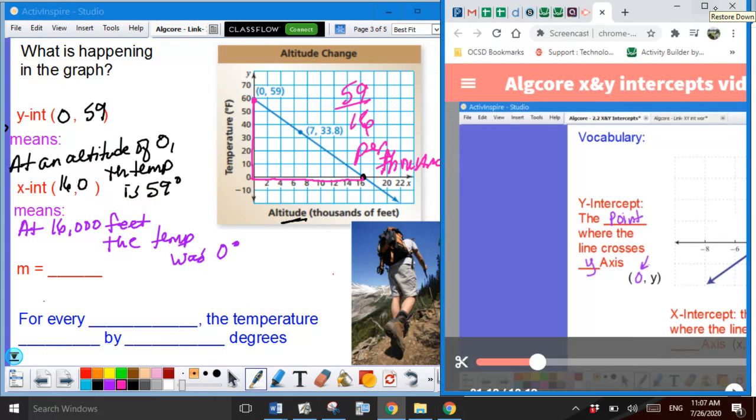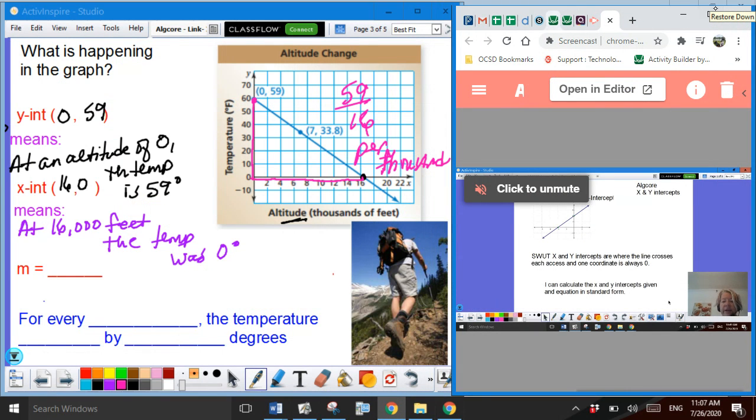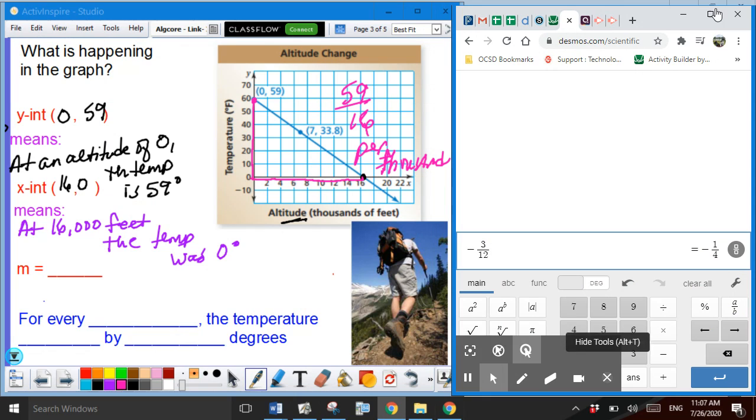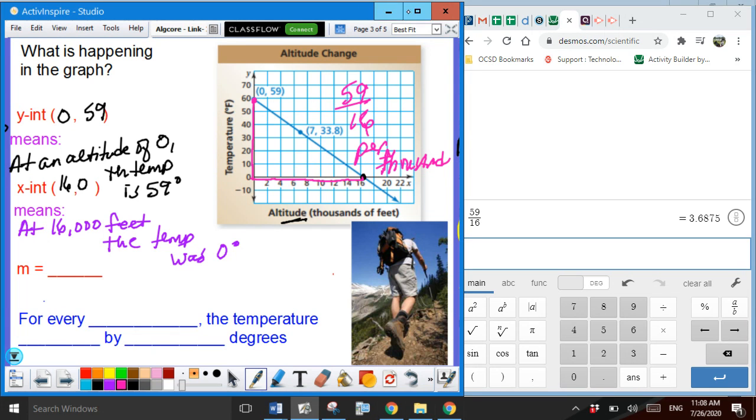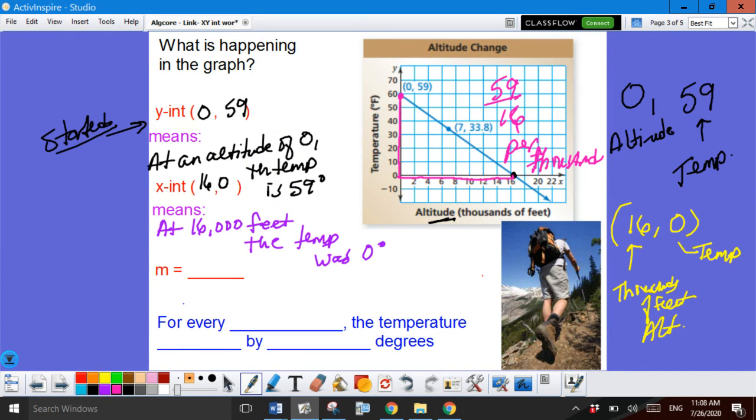We're going to divide this out. 59 divided by 16 is going to give me 3.7. Okay, so let's round that off. 3.7. So I'm going to call this 3.7 over 1. Okay? So what unit is the m?